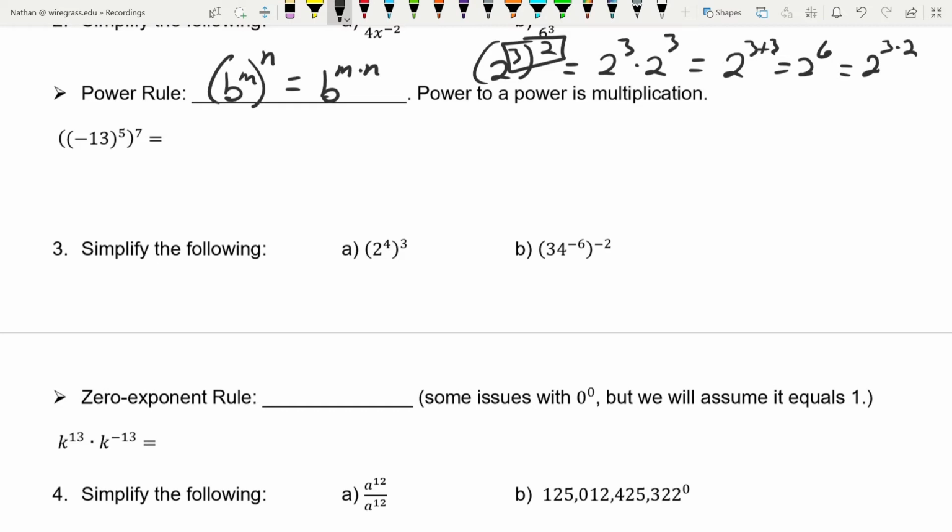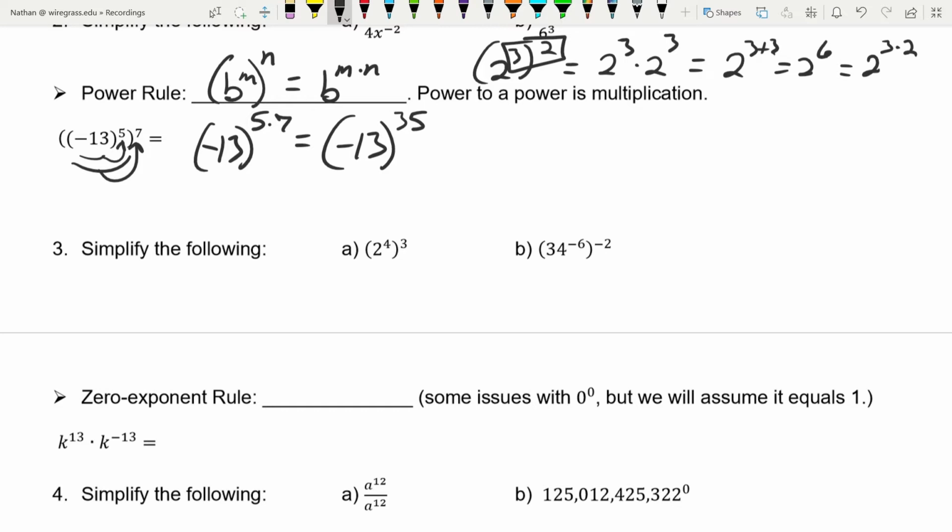So in practice, this is very easy to use. -13 to the power of 5, and that whole thing is to the power of 7. So this is the same thing as -13 to the power of 5 times 7, which is -13 to the power of 35. Now, this is a great answer. One thing you can note: how does a negative go to a power of 35?